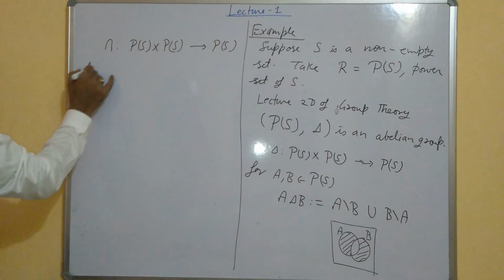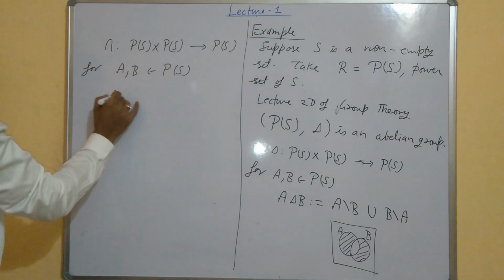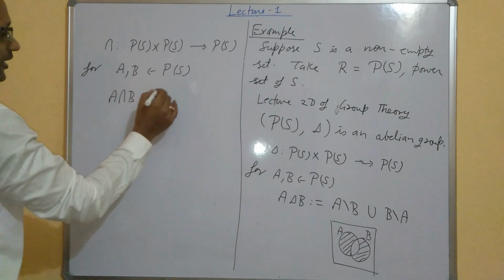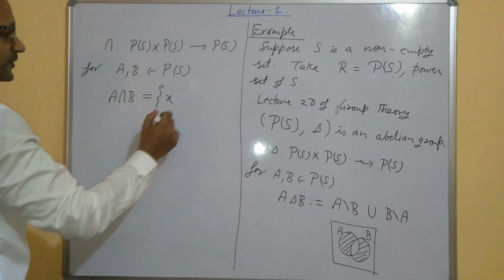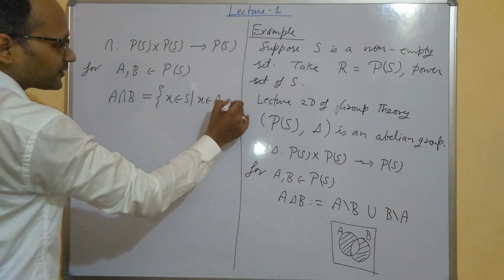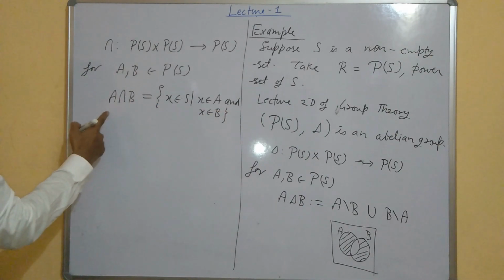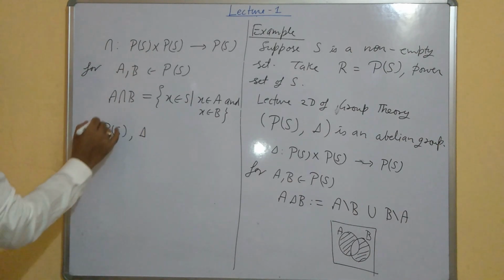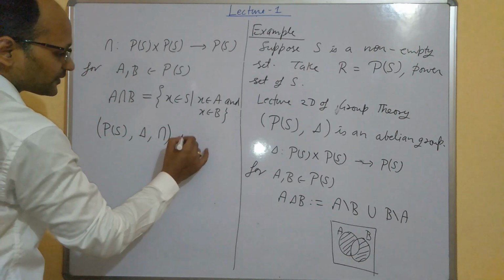You know how to define intersection: for A, B in PS, A intersection B is the set of all common elements of A and B, those x in S such that x belongs to A and x belongs to B. So with respect to symmetric difference and this intersection, this is a ring.